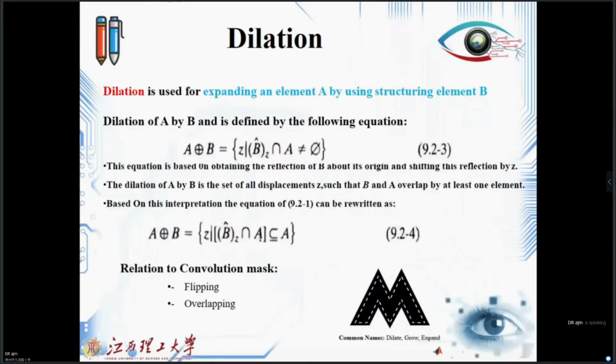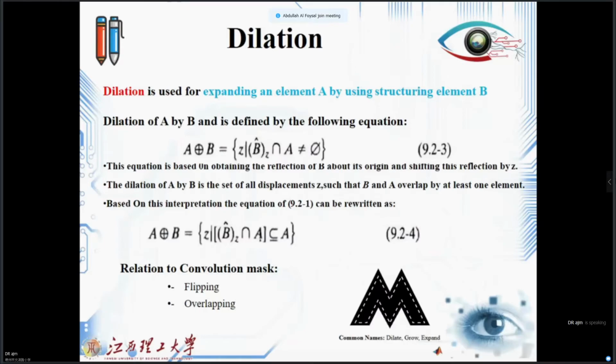Dilation of A by B can be defined with the following equation that we show here. This equation is based on obtaining the reflection of B about its origin and shifting this reflection by z. The dilation of A by B is the set of all displacements z such that B and A overlap by at least one element.